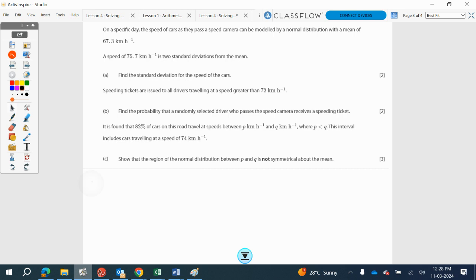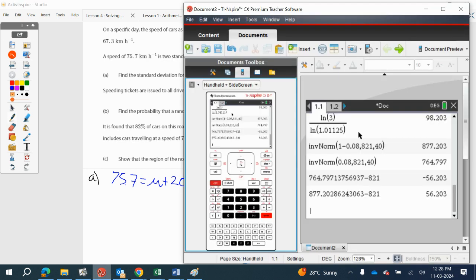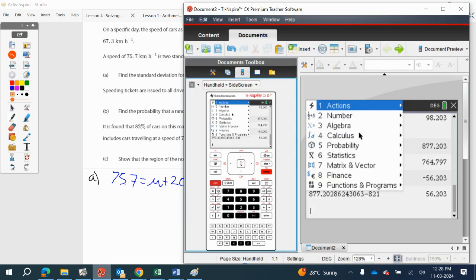Okay, so for part A, we could start off with 75.7 is equal to the mean plus 2 standard deviations, which is equal to 63.3 plus 2 times our standard deviation. Let's use the solver, because we don't like to do any math whatsoever.